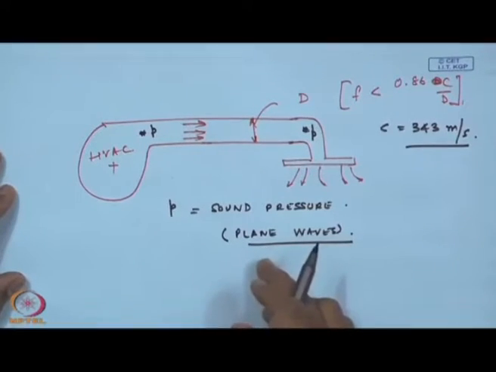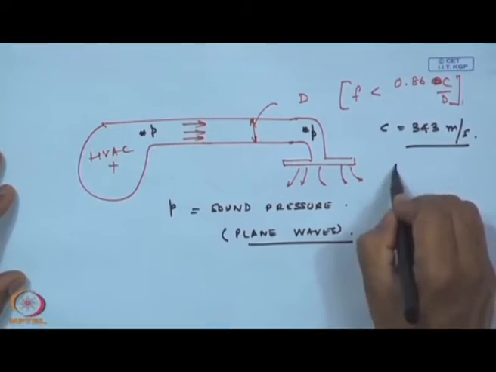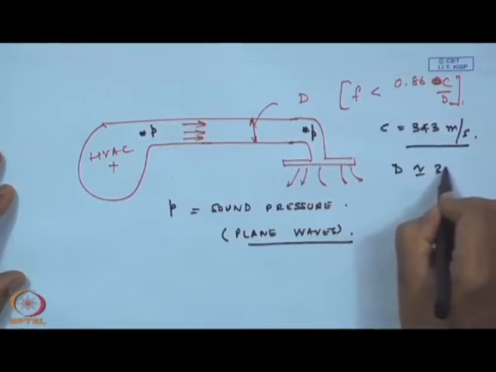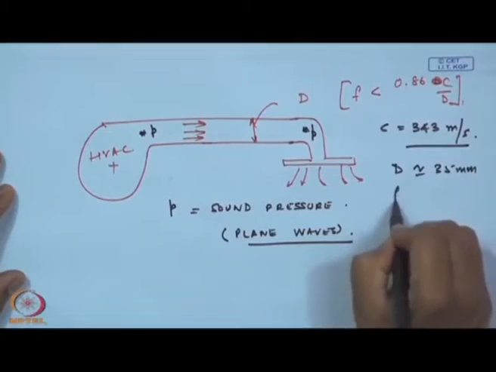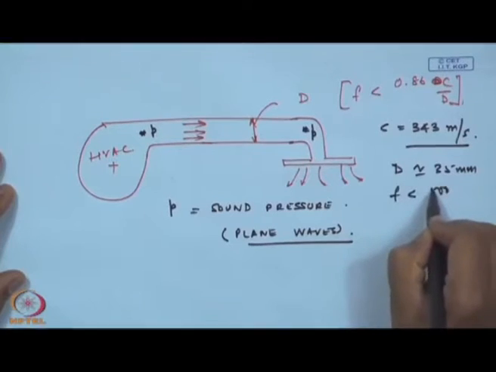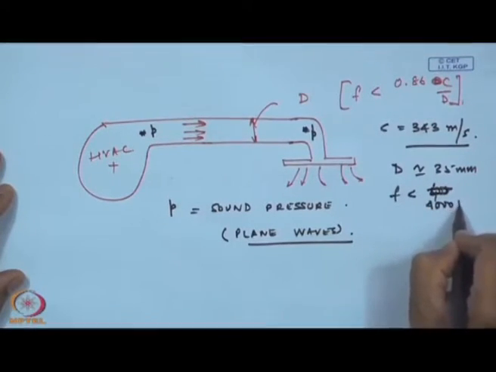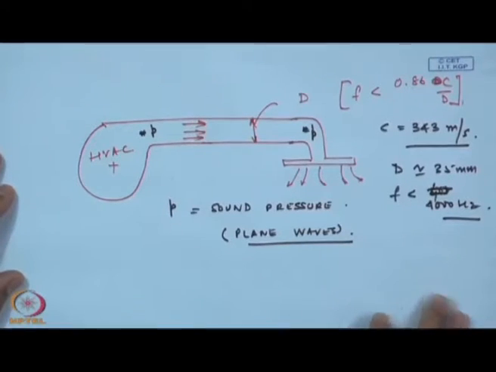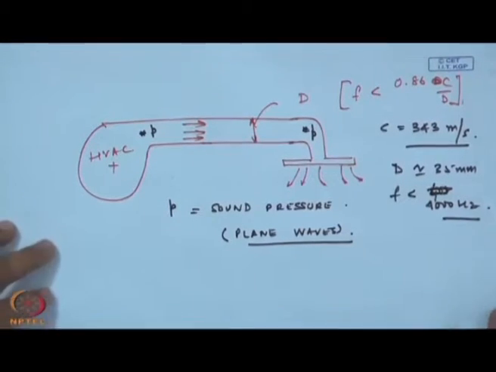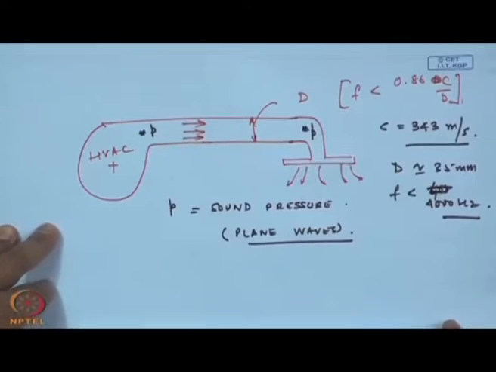If this is 35 mm, you can calculate that f is 4000 hertz. Okay. Now we will move over to the second problem, which is again a very simple problem.